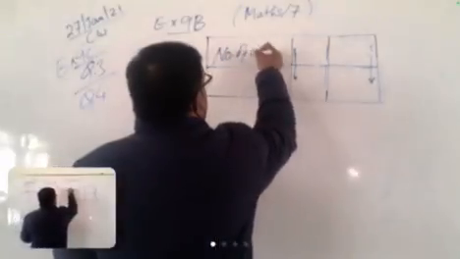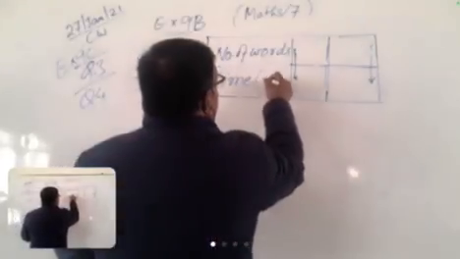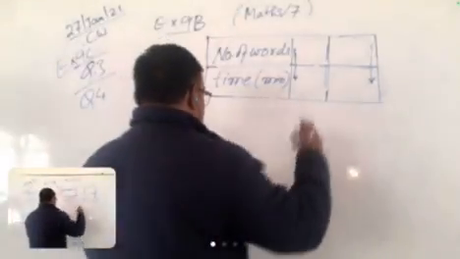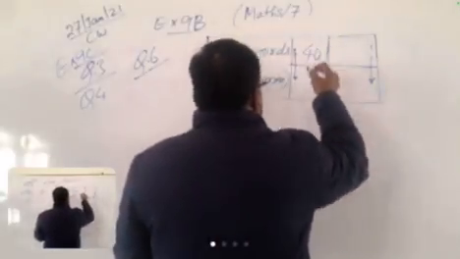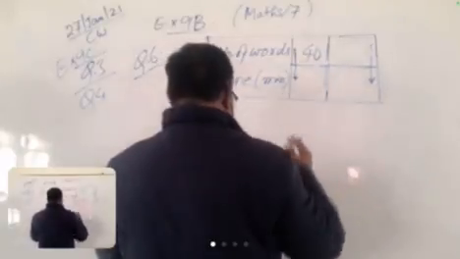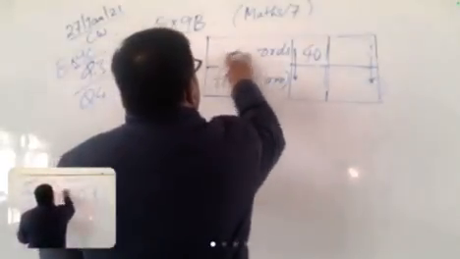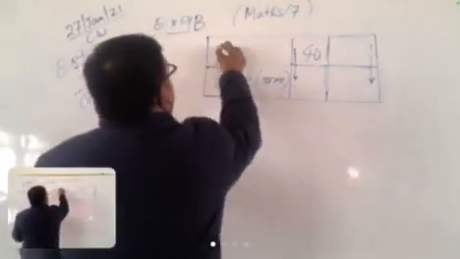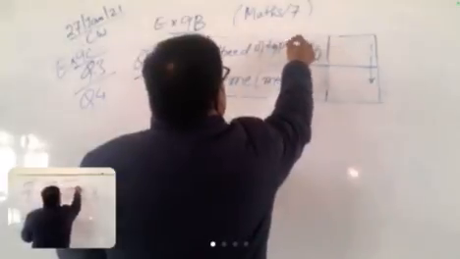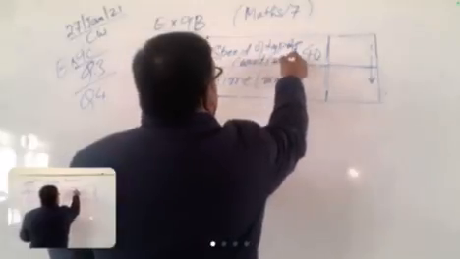This is the number of words, and this is the time in minutes, and her typing speed is 40 words per minute. Instead of number of words, we make it speed of typing, words per minute.